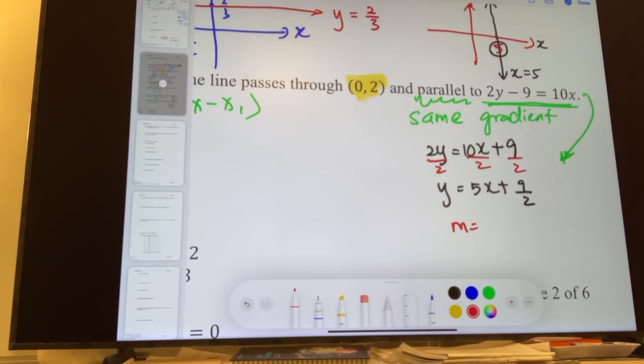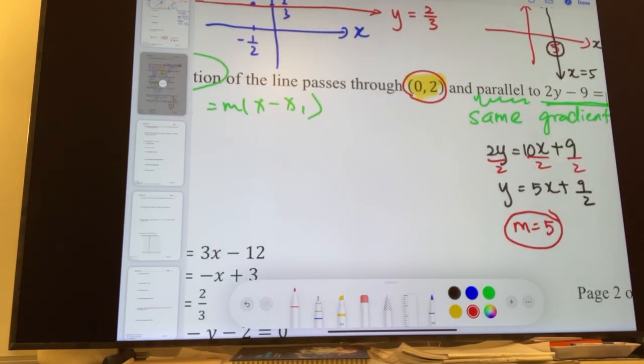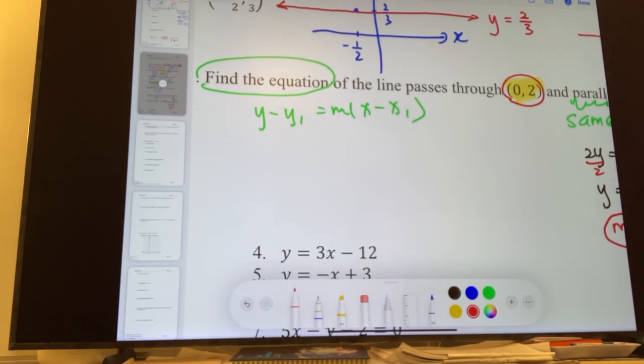Therefore, what is the gradient? Gradient is equal to 5. Good. Now you have the gradient, you have a point. You can put them into the equation. Sub them all in.